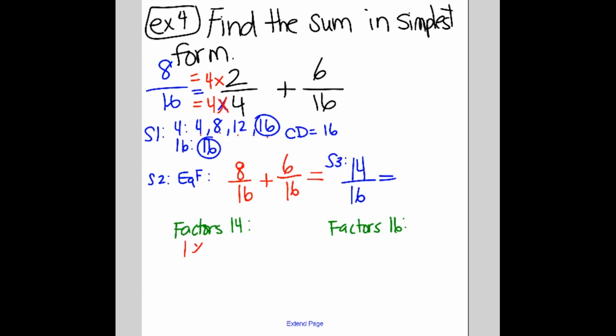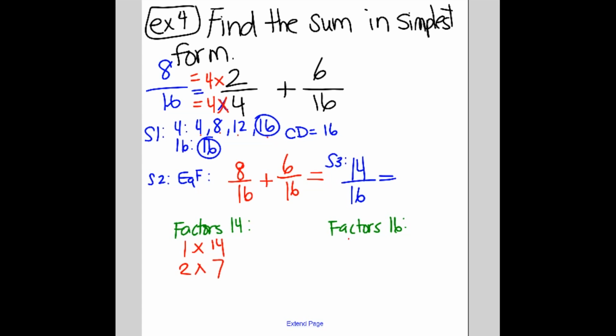So 1 times 14 is 14. I know that 14 is an even number, so I can do 2 times something gives me 14. 2 times 7, that does work. 3 times something, nope. 4 times something, no. 5, no. 6, no. We already have 7. 8, no. 9, no. 10, no. 11, no. 12, no. 13, no. We already have 14. So that's all of it for our 14s.